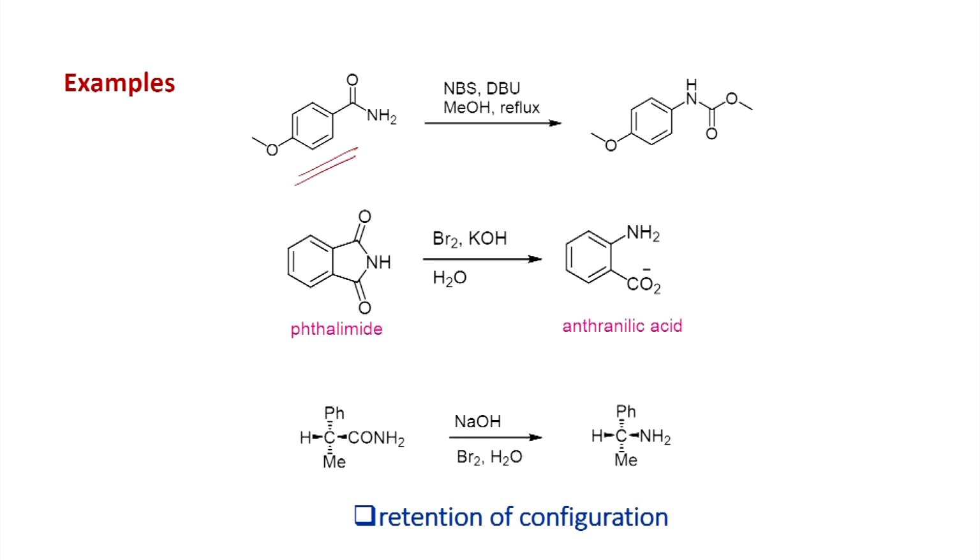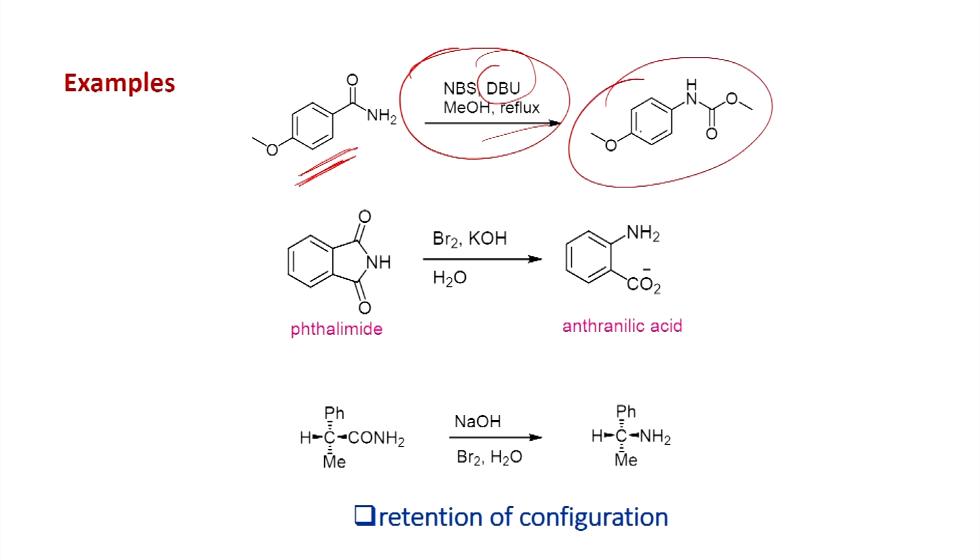Now let us look at this amide, benzamide. When you react it with NBS and base in methanol solvent, you will be able to form this compound. We have just seen the traditional Hofmann rearrangement, where aqueous sodium or potassium hydroxide is used in the presence of bromine.